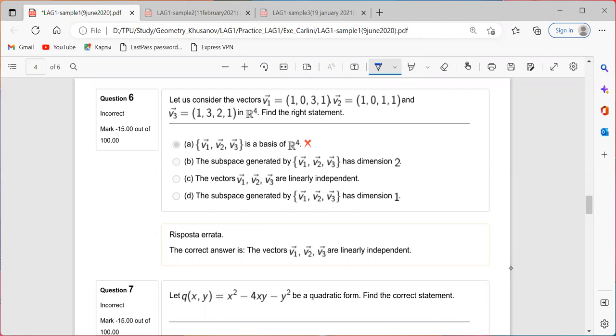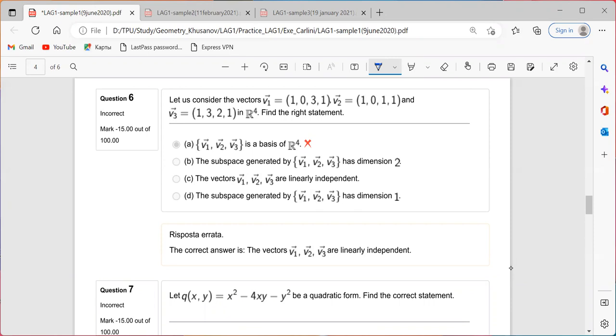Let's consider what we can consider next. Again, we have to consider the subspace generated by V1, V2, V3. The subspace generated by V1, V2, V3 is just the row space.